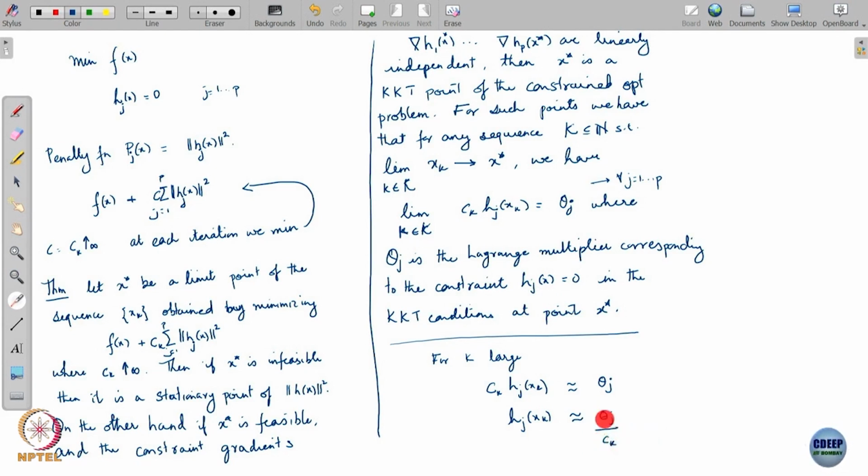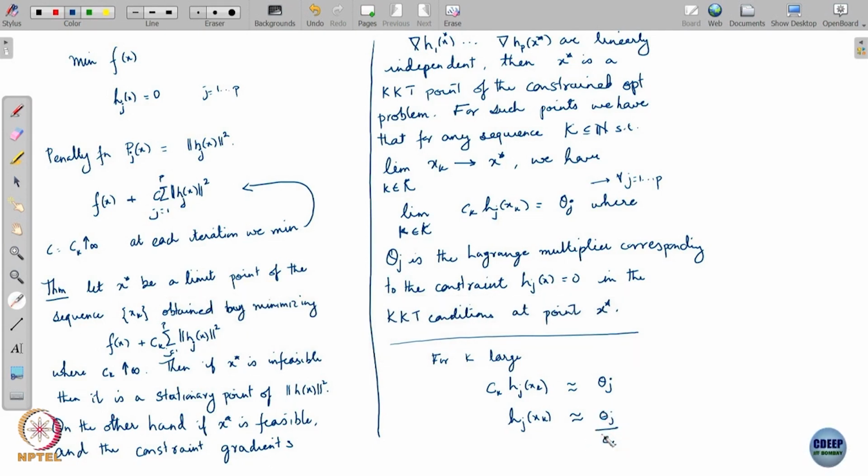So, you really need c_k to blow up to infinity, and if you terminate the algorithm at any finite iteration, although in the limit you would end up at a solution, you may not actually be feasible. In fact, you would in general not be feasible. Feasibility will be off by a certain amount.